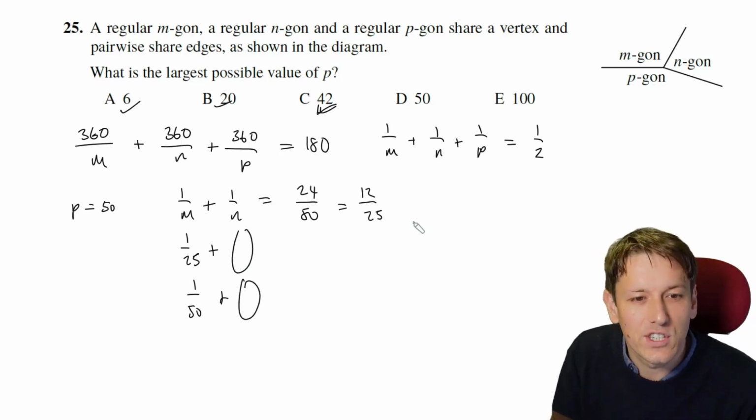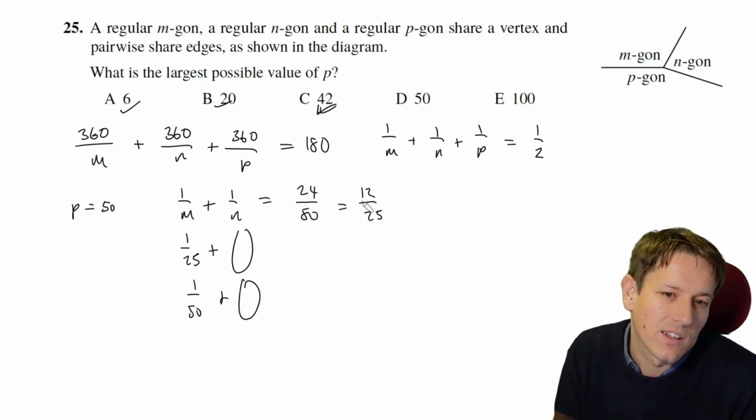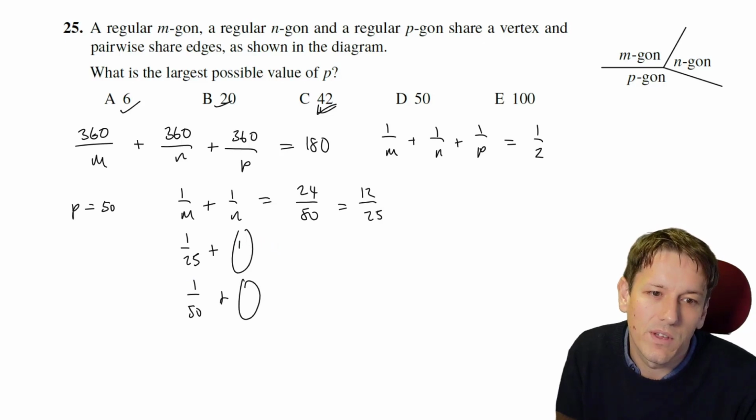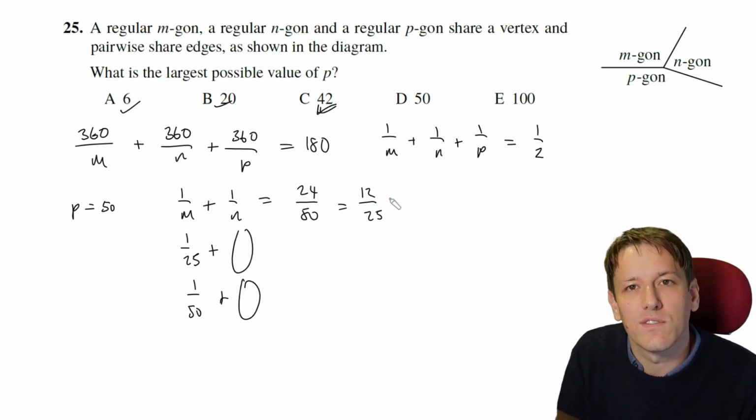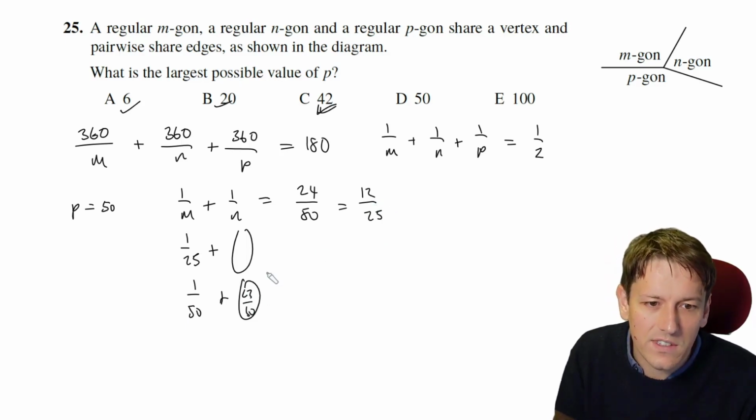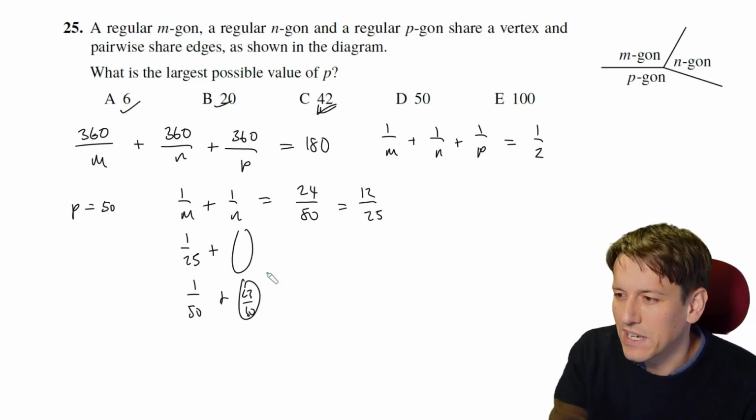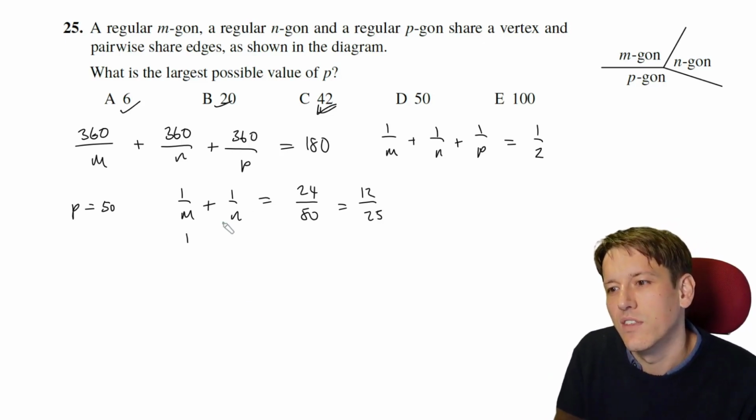And I'll just leave you to check here that 12/25 minus 1/25 would leave me with 11/25, that's not 1 over something, and 12/25 minus 1/50 would give you 23/50, that's not 1 over something either. So there aren't going to be any fractions here with whole numbers that make this work.